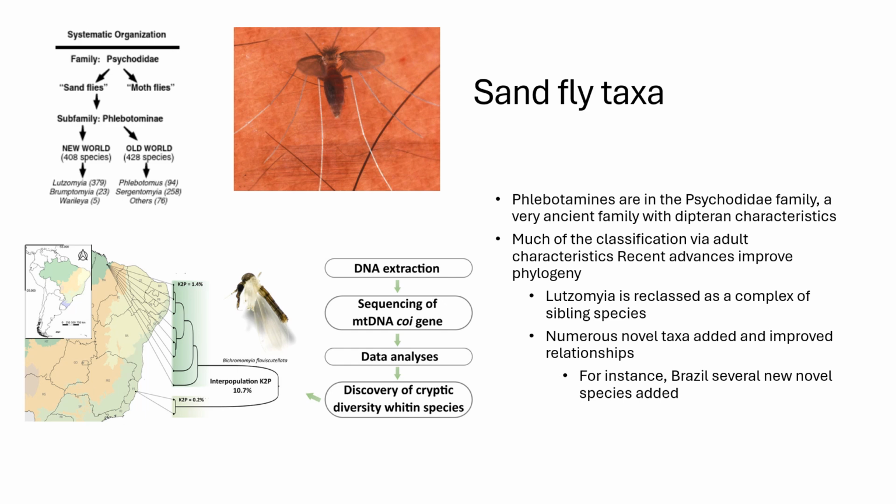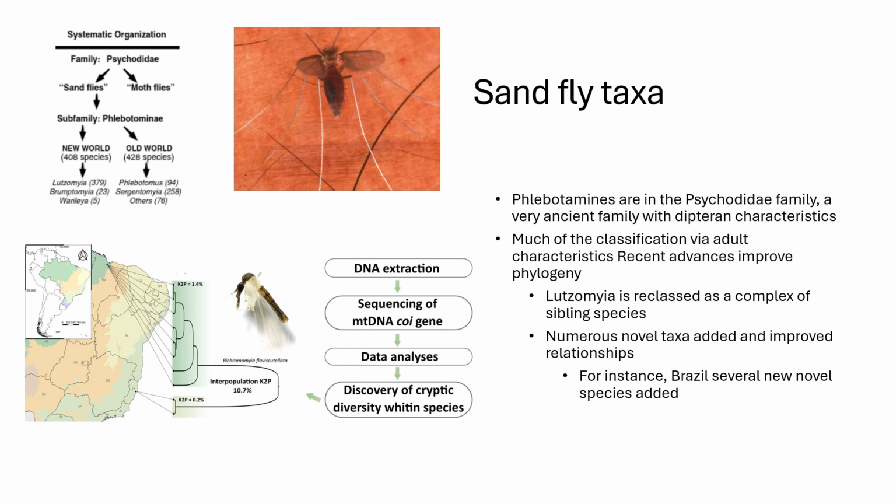And within the subfamily, you can further organize it into New World and Old World species. New World species would be sandfly species that you would find in the Americas, such as in South America as well as Central America. And the Old World species are commonly found in places like the Middle East, and they're also widespread throughout the continent of Africa.